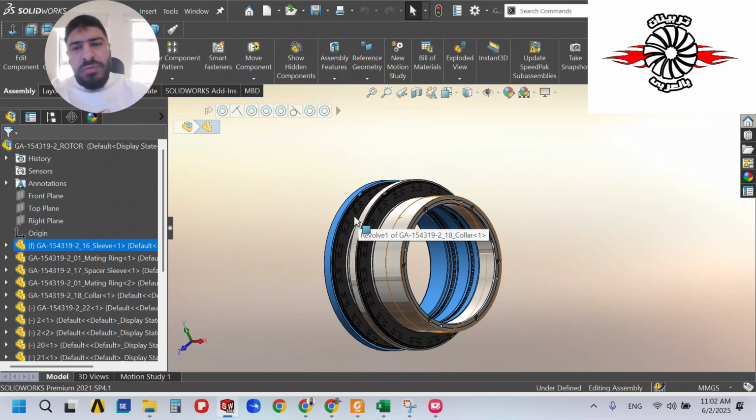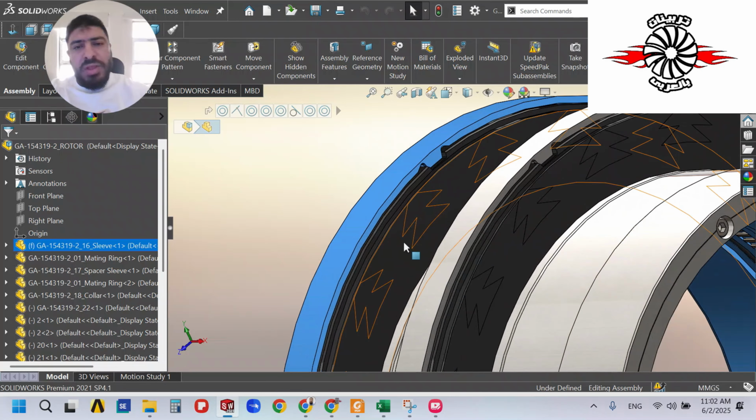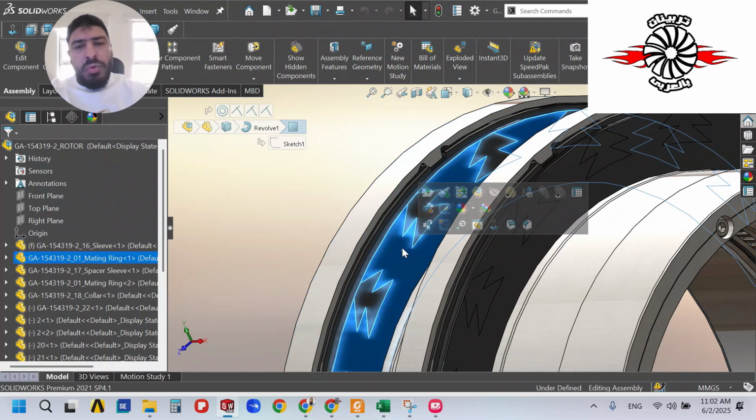Okay, so this is our sleeve, and this sleeve keeps the mating ring, which is the most important element in our drag seal, from my point of view. This mating ring, or rotating ring, has the grooves, and these grooves make the lifting force during the seal operation. This lifting force prevents any contact between the primary ring and the mating ring, and keeps the gap during operation at around 3 to 5 micron.